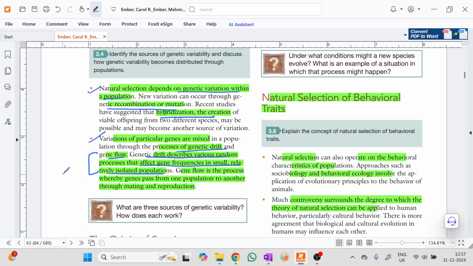Since interbreeding is not there, if some gene is present or absent in them, their offspring or the whole population will also come up with the same presence or absence. Then gene flow is the process whereby genes pass from one population to another through mating and reproduction, in which the population in the intermediate range will have a different set of genes.